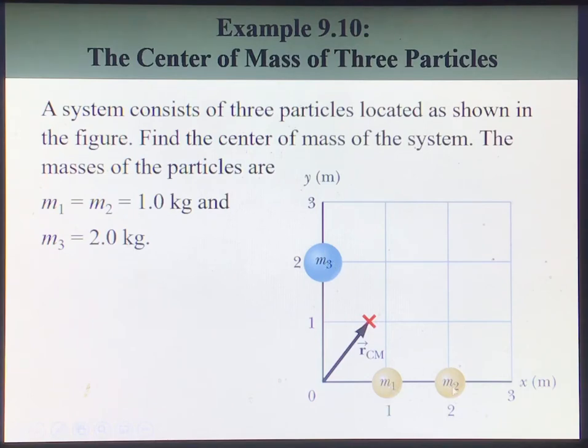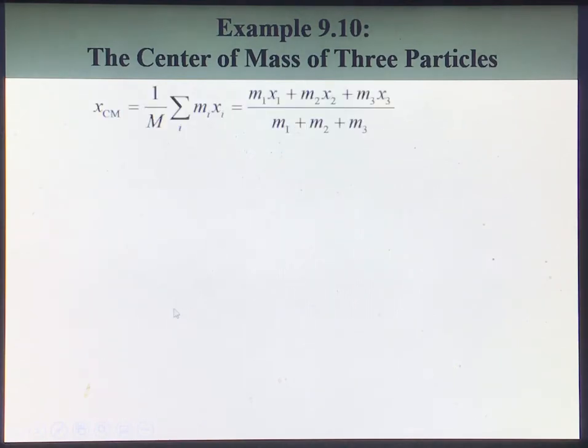Notice that M1 and M2 are located on the x-axis, while M3 is placed on the y-axis. It tells me that M1 equals M2 equals 1.0 kilograms, and M3 equals 2.0 kilograms. I want to locate where the position of the center of mass is going to be. So I can use my equations here.